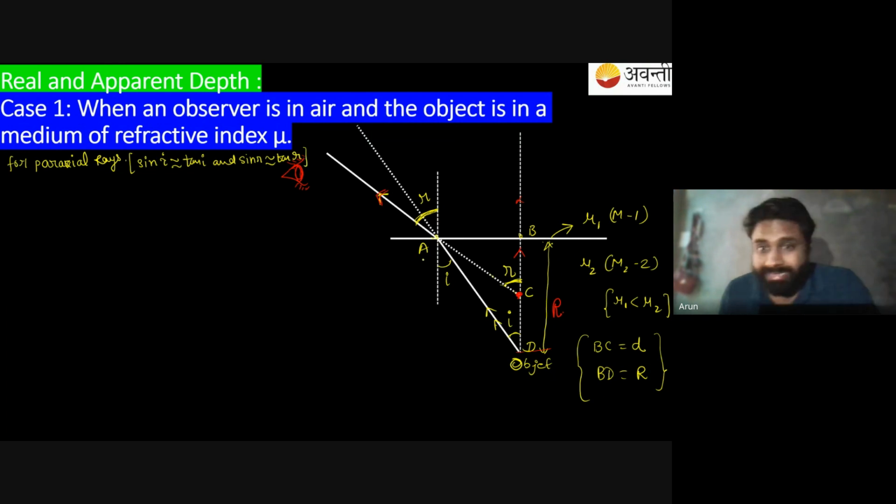So if I apply Snell's law here, what is Snell's law? Snell's law says that the product of the refractive index of any particular medium with the sine of the angle of incidence is a constant quantity. Means mu sin theta is always constant. So if I apply here, the mu for this medium is mu2. So apply Snell's law.